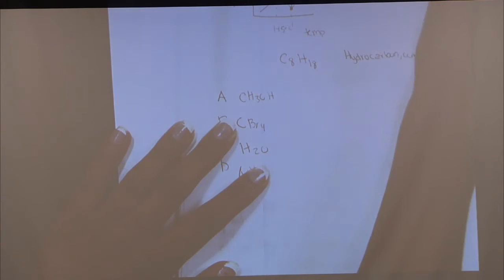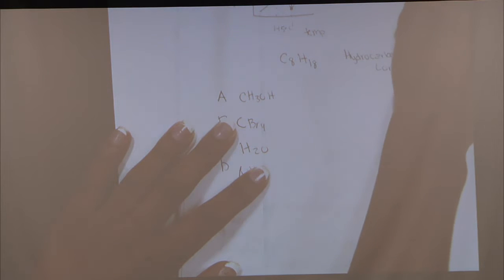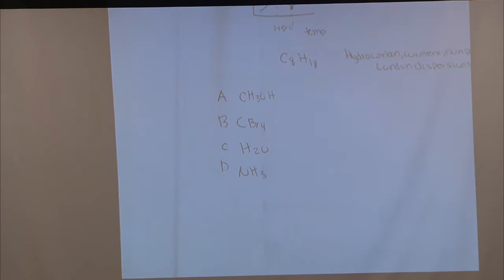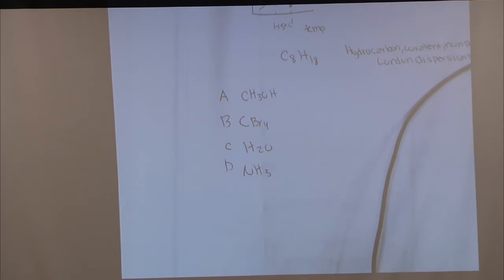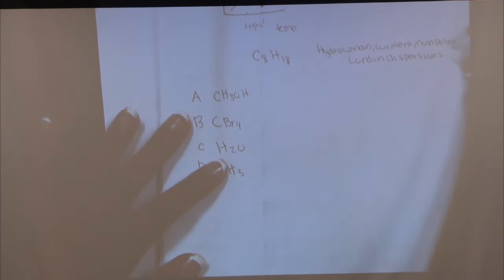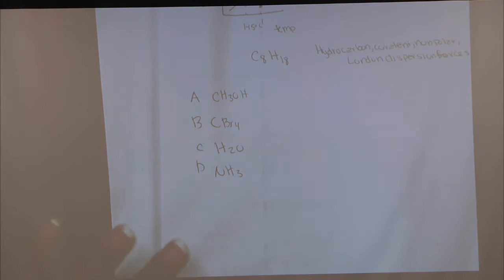It's covalent, and so it's nonpolar, and it only has London dispersion forces. And since this question is talking about solubility, we know that like dissolves like. So we're going to look for the one that is most like octane. And octane only has London dispersion forces. So we're going to look for the molecule or the compound that only has London dispersion forces.